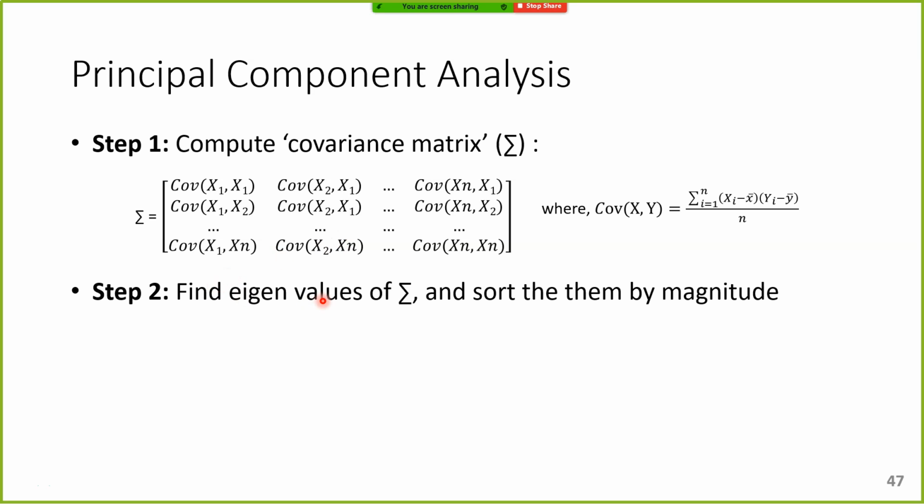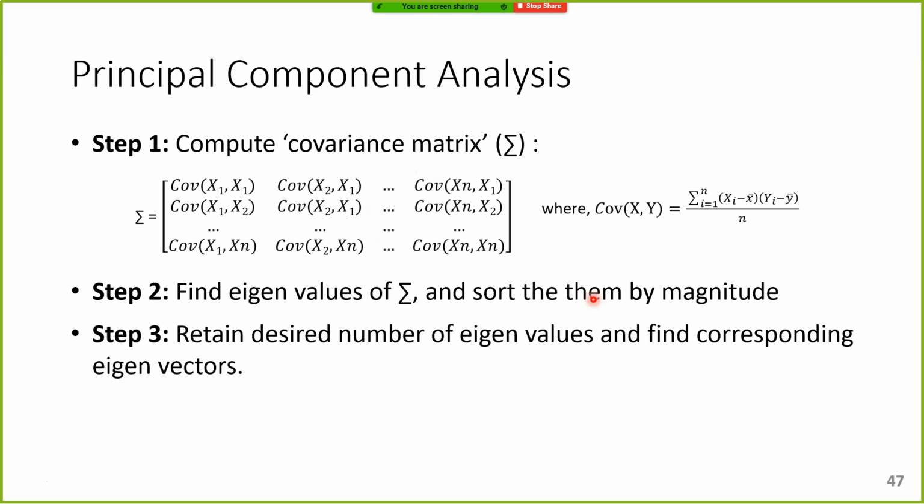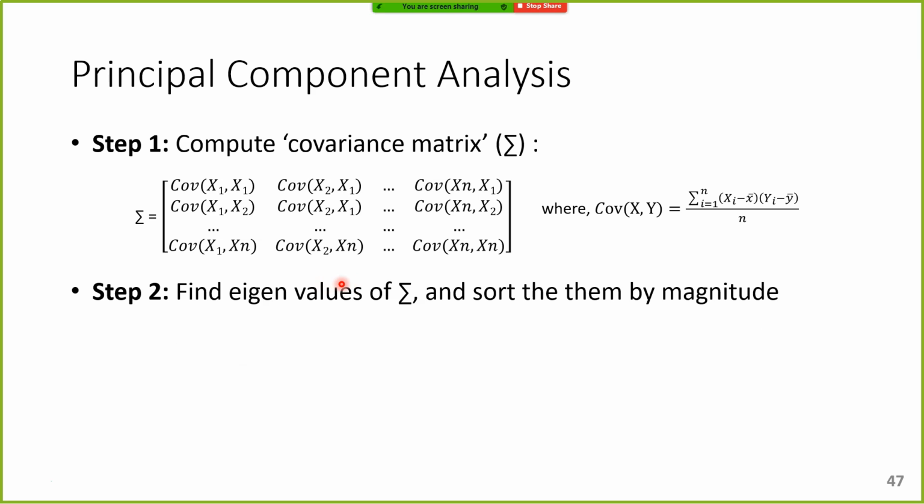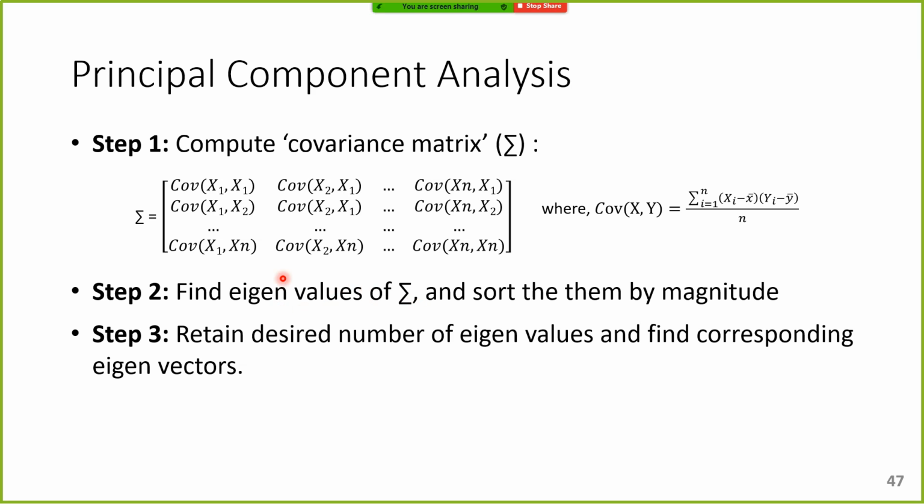Then we will find the eigenvalues of this covariance matrix, sort them by their magnitude, retain the desired number of eigenvalues, and find the corresponding eigenvectors. Suppose we want to retain only the top 6 eigenvalues when they are arranged by magnitude.